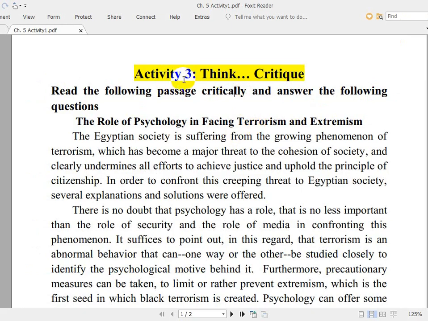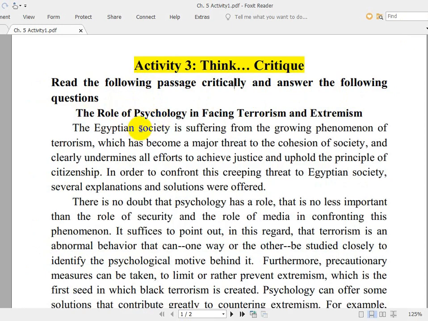This is activity 3 in your book, Think, Critique. Read the following passage critically and answer the following questions. The role of psychology in facing terrorism and extremism.